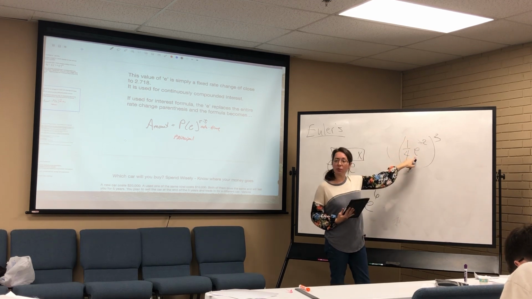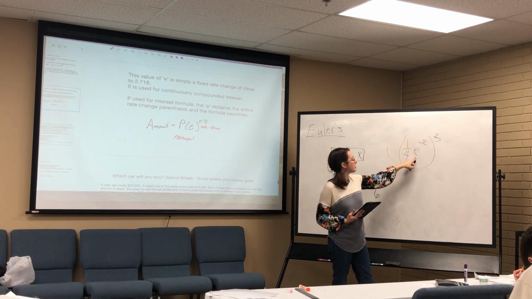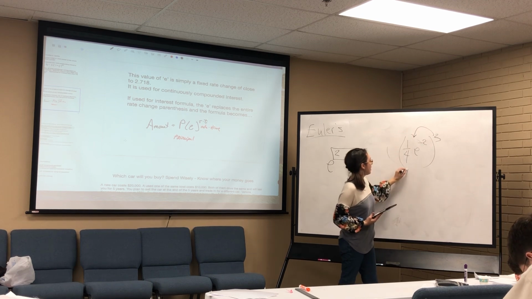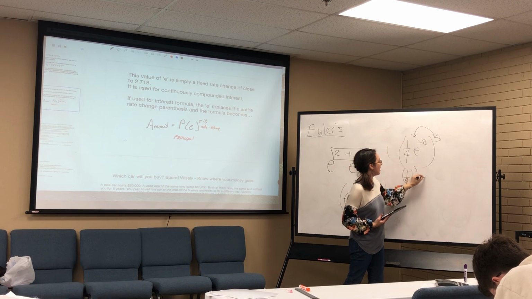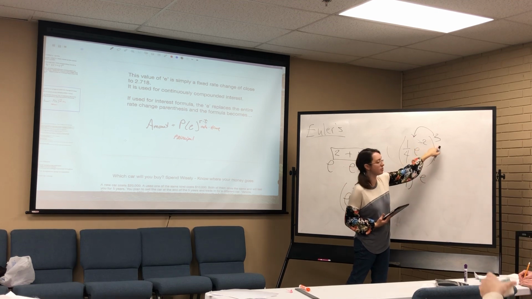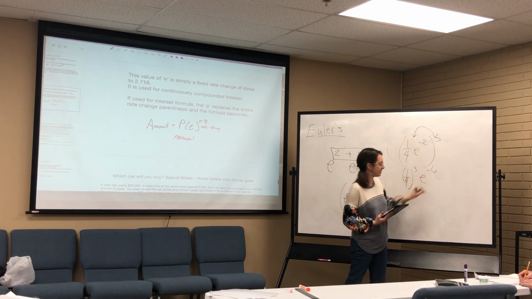We could basically replace this in our brain as an x. So now I have 1/4 raised to the third, and I have e to the negative 2 times 3, negative 6.